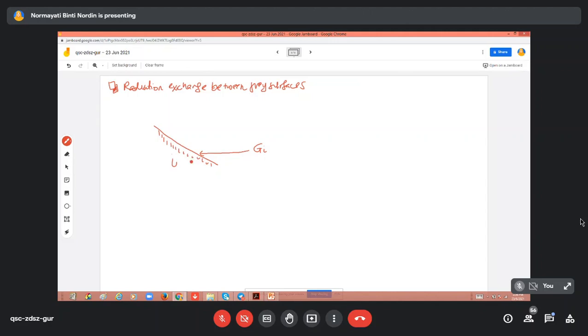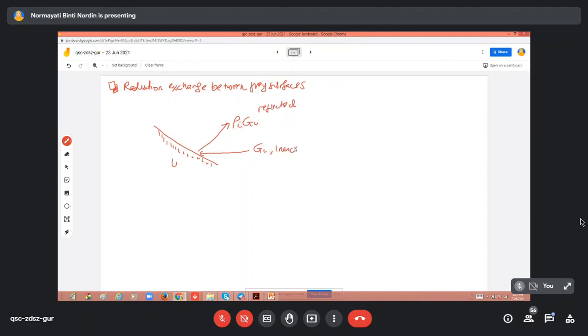So since this is a grey surfaces, not all the incidents be absorbed by these surfaces. Okay, there is a portion of the incident will be reflected. Okay, and these reflected portions is equal to reflectivity times the incident radiation. So dia ada reflected portion. Okay, and this is the incident lah.